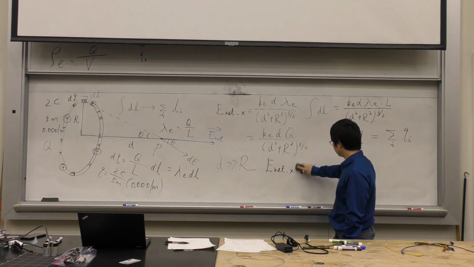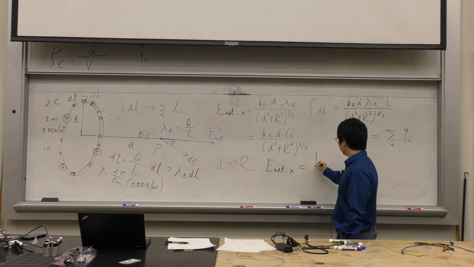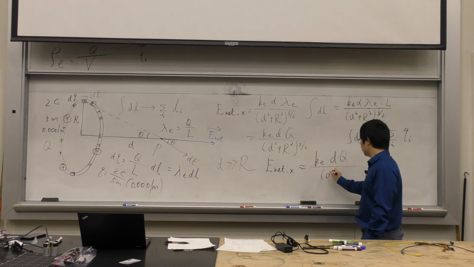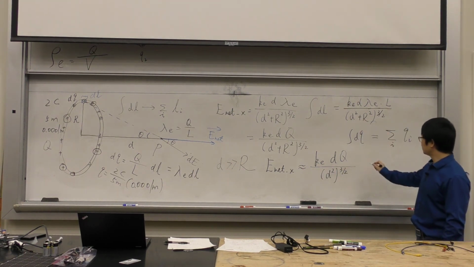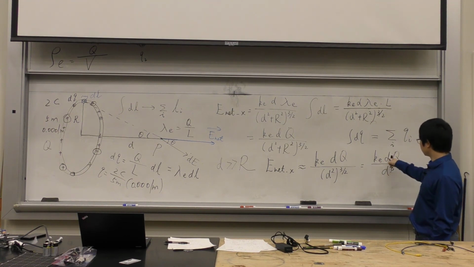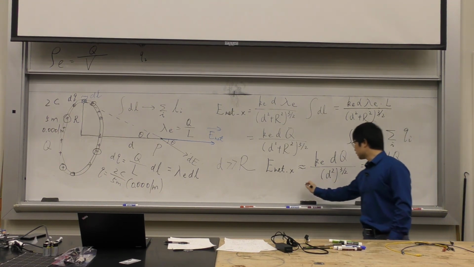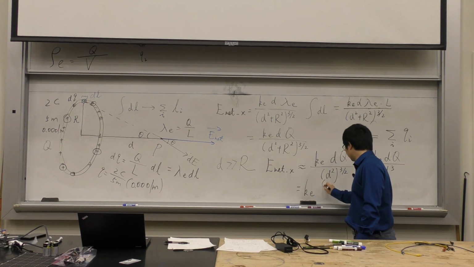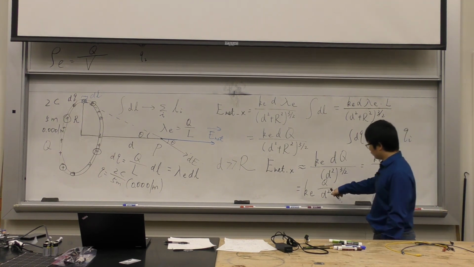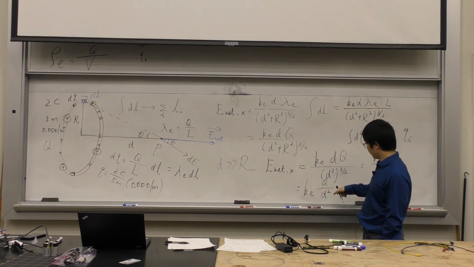So this is going to be very close to Ke d Q over (d squared) to the power of 3/2. And this is just going to be d cubed at the bottom, and that cancels one power of d. So you just get Ke Q over d squared. What does this mean? That means when you're very far away from the ring, look at this.